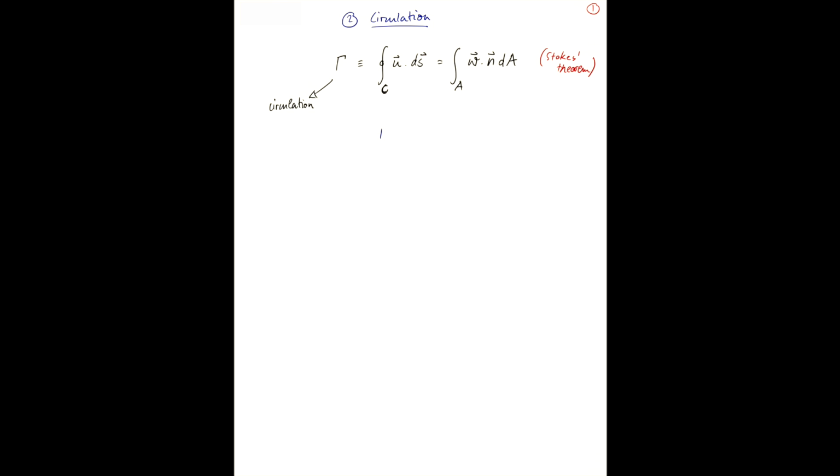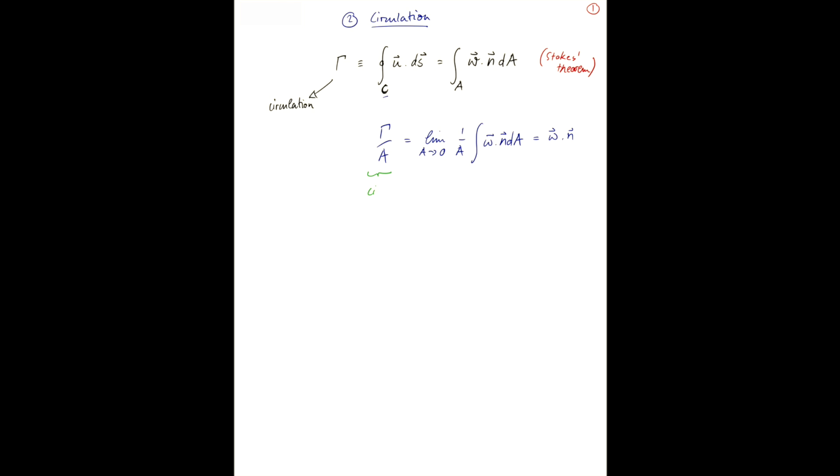And the circulation per unit area, gamma over A, if we consider the limit of A going to 0, then the integral over omega dotted with the surface, and again the surface can be any surface that's bounded by this C, goes to simply omega dot n. And so this is actually a way of defining vorticity.